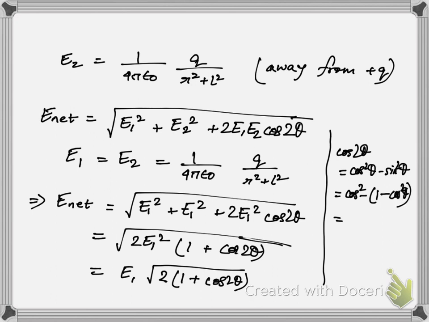So this gives us 2 cos squared theta minus 1. So 2 cos squared theta is equal to cos 2 theta plus 1. So instead of cos 2 theta plus 1, we shall substitute 2 cos squared theta.